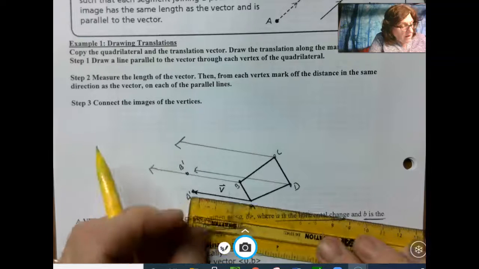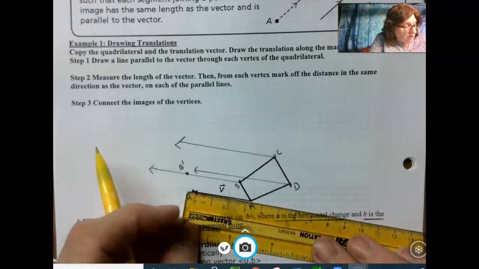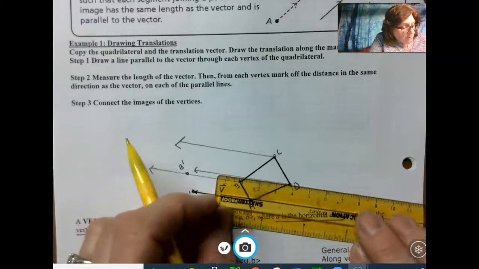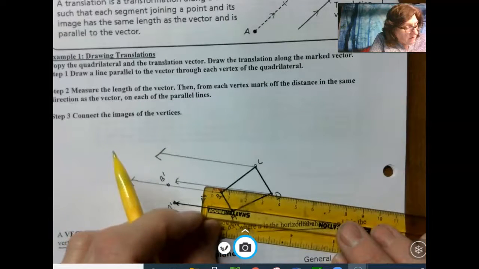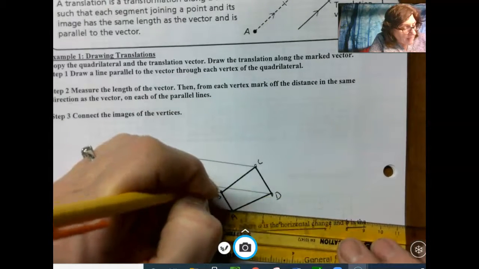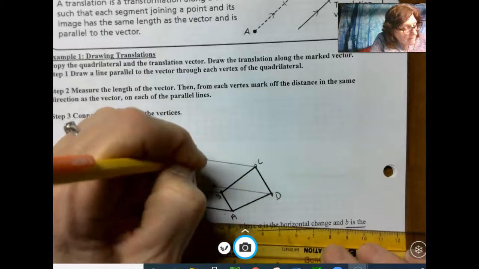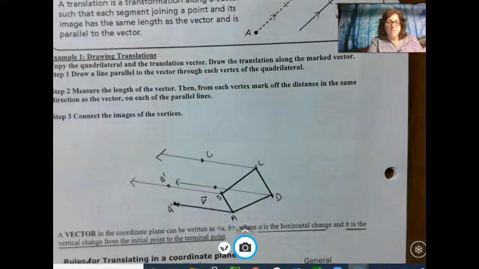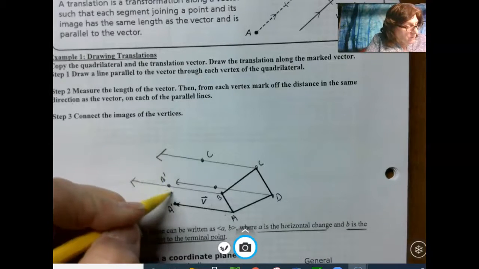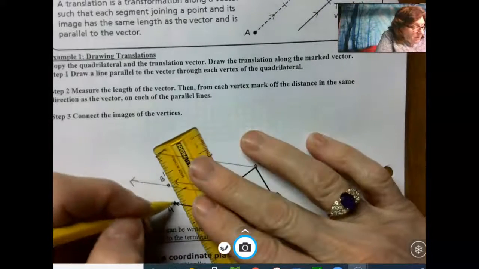And so again, 3.3 we said is our vector length. So I'm going to mark off 3.3 here, and mark off 3.3 here. And then I'm going to connect them and create my image. I think using a ruler is probably better.